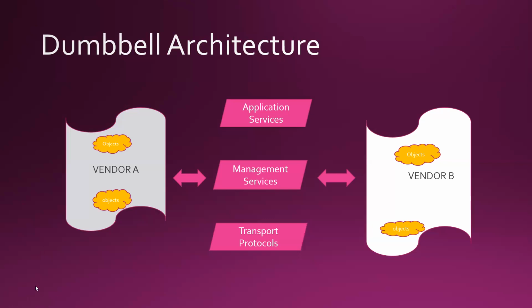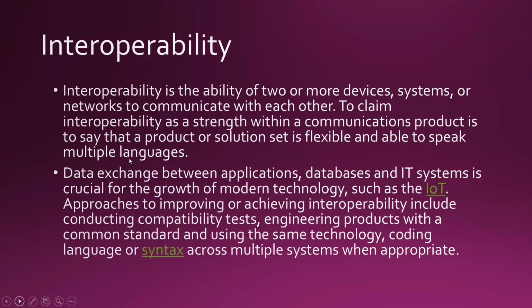The next one is interoperability. Interoperability is the ability of two or more persons, systems, or products to communicate; the product or solution is said to be flexible and able to speak multiple languages.